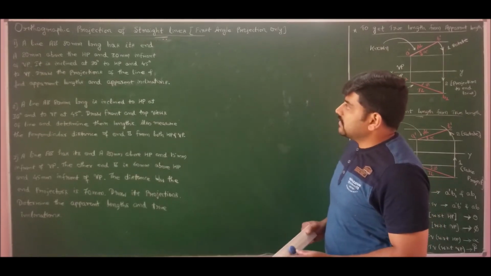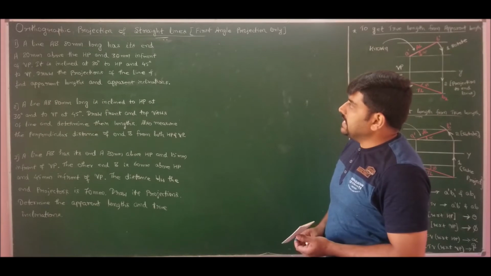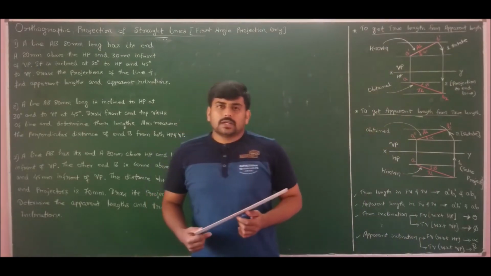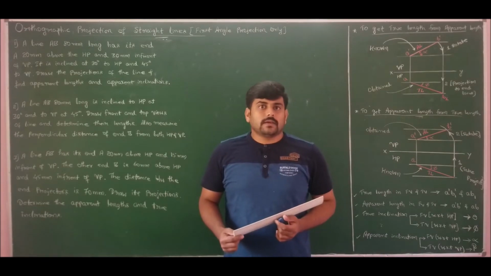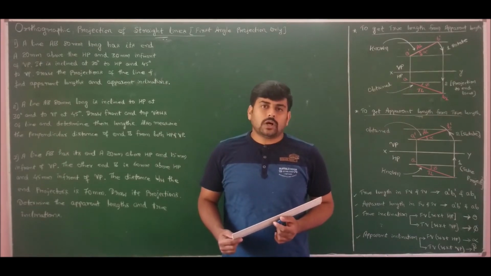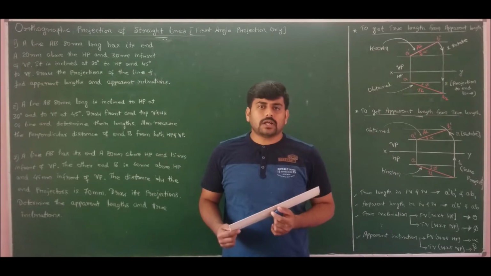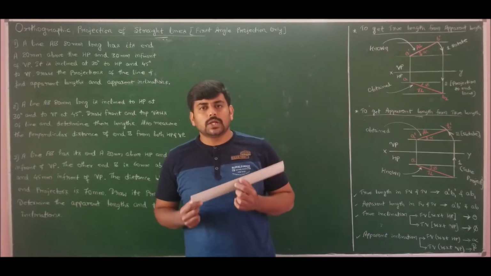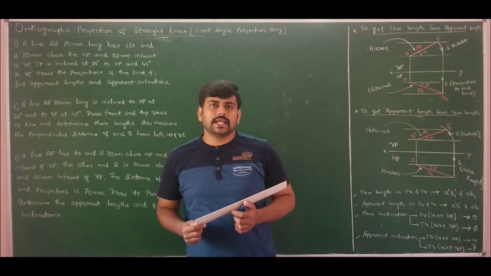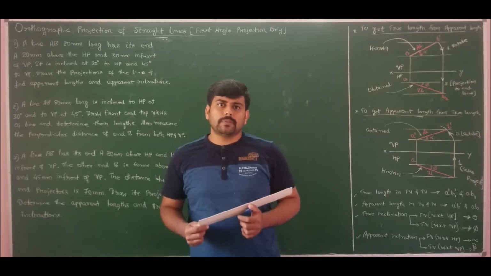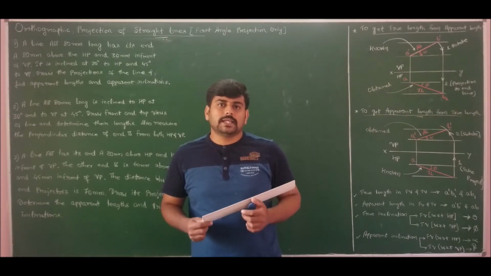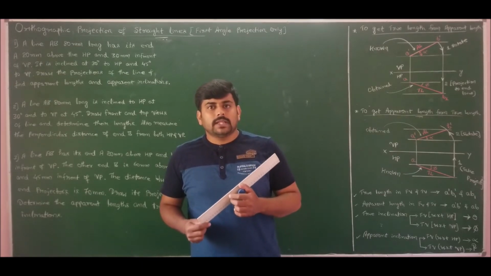If you clearly observe, we have a line AB which is 80 mm long. Whenever it is not stated that it appears to be, or in front view, or in top view, such prepositions are not added to the dimensions, then whatever is mentioned is the true dimension. If you want to state the apparent dimensions, we use prepositions such as the line appears to be 80 mm in front view, the line is 30 mm in top view.